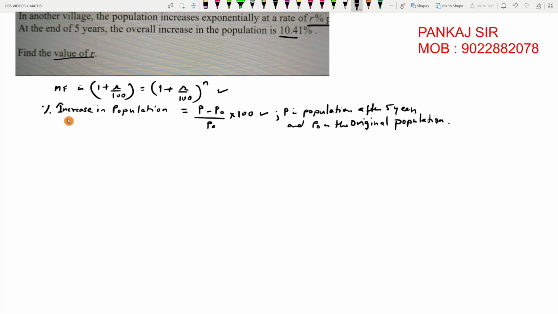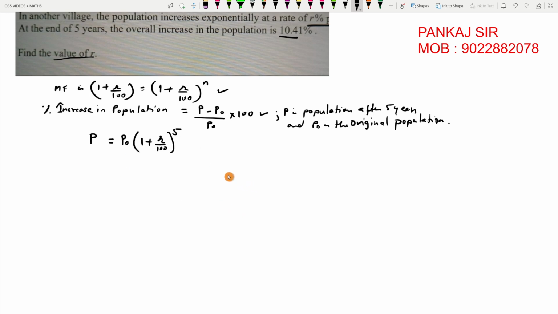Fine. So first of all, using this formula number 1 plus R upon 100 raised to n, I'll write P, that is population after 5 years, is equal to P naught into 1 plus R upon 100 whole raised to 5, because the population is calculated after 5 years.